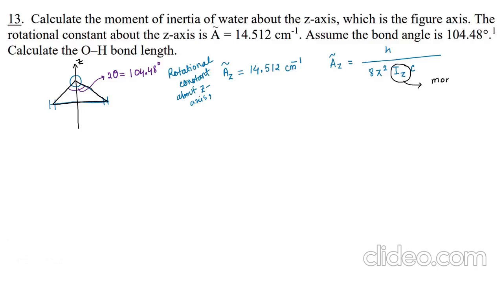This is the moment of inertia along z axis. So this is the first question we want to have the answer to. So let us see. We have the values as Iz is going to be h by 8 pi square A into C.